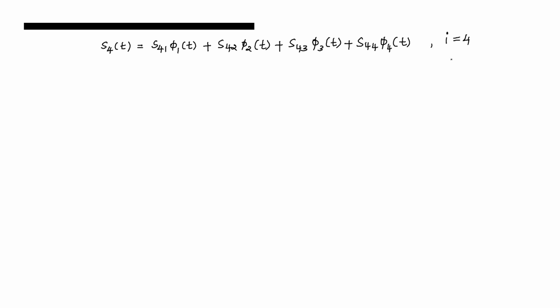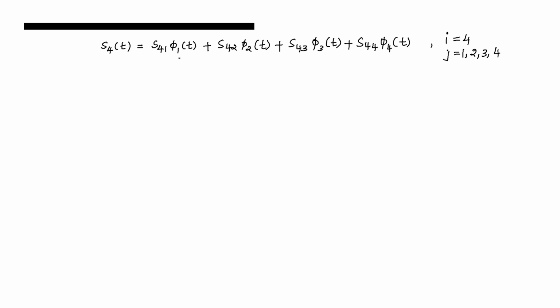S4 of t is represented by a combination of orthonormal basis functions and vector values like this: S41 phi 1 of t plus S42 phi 2 of t plus S43 phi 3 of t plus S44 phi 4 of t. So what is the value of i here? The i value is 4 and j is varying from 1, 2, 3 up to 4.